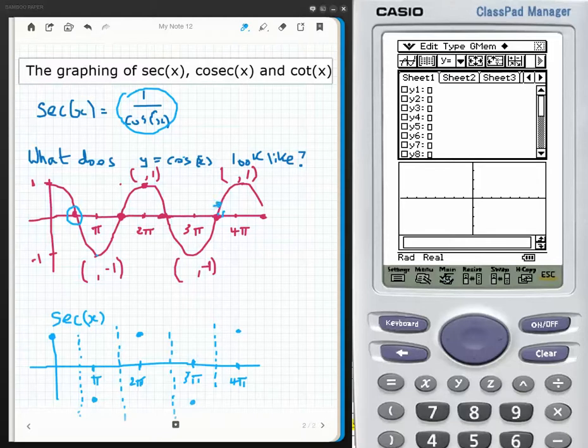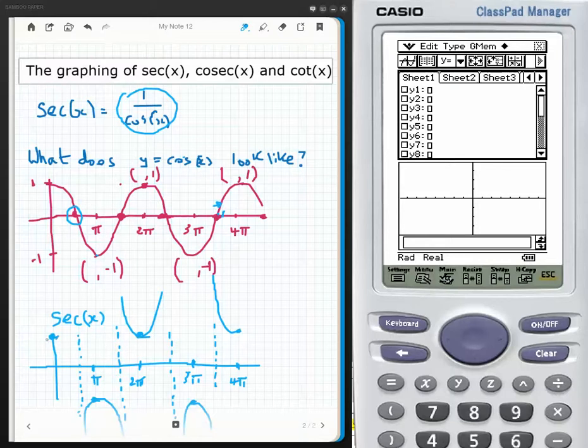Therefore, 1 on a really small y value will give you a value approaching infinity. So in actual fact, I get curves that are looking like this. This is what the graph of sec of x will look like. I'll have asymptotes, and I'm going to have curves that approach infinity.